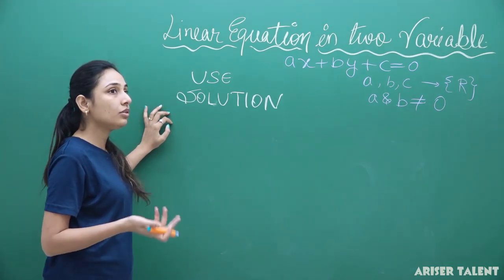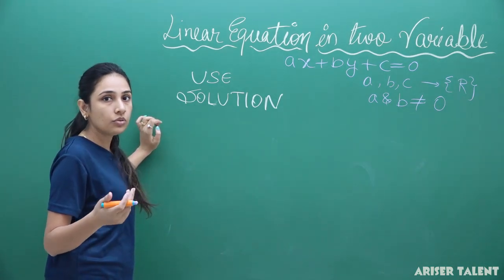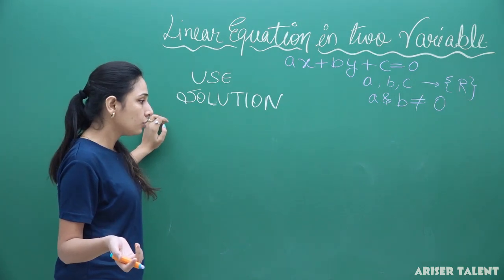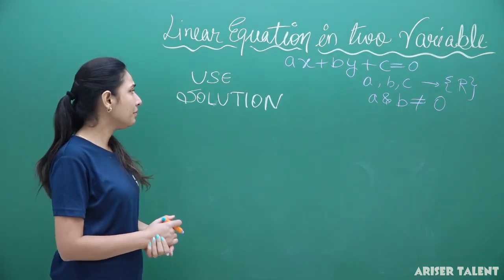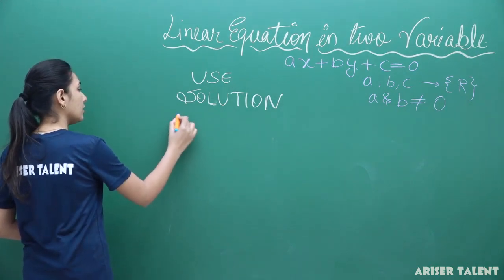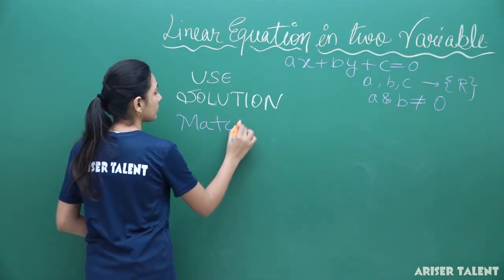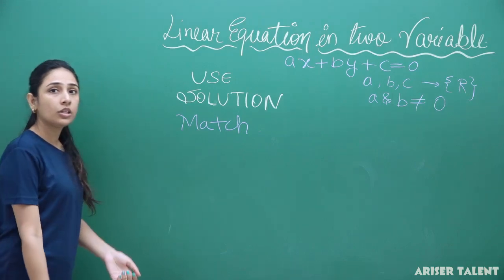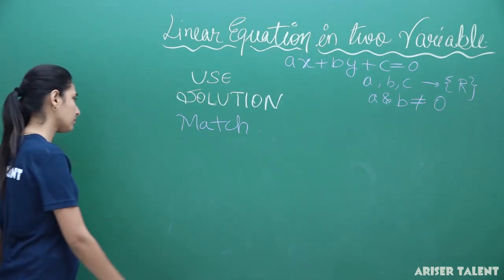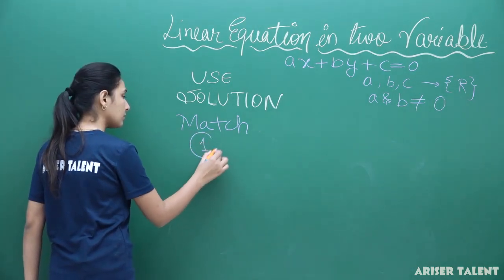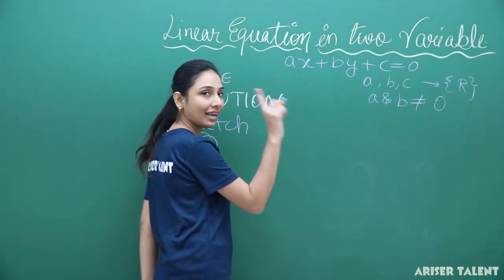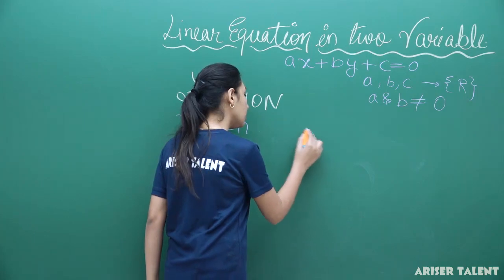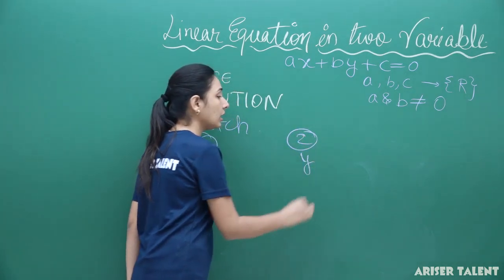Now what is the use of two variables? What is the use of two variables? So you are having a cricket match. Now player 1, let's suppose, is x, and player 2 is y.